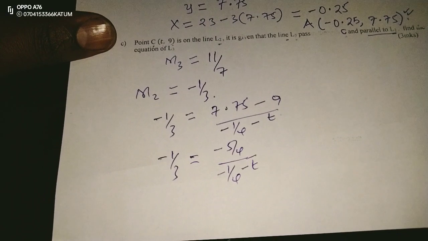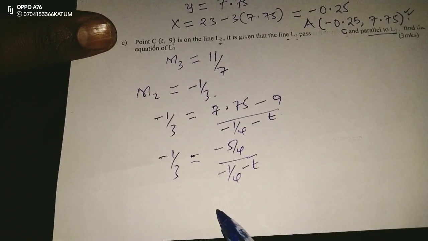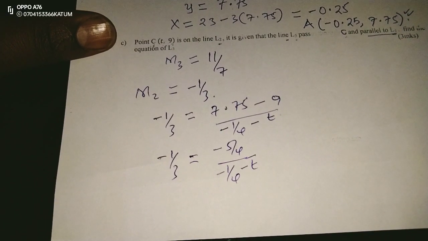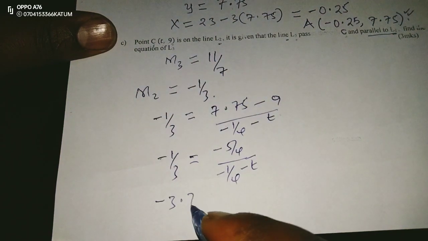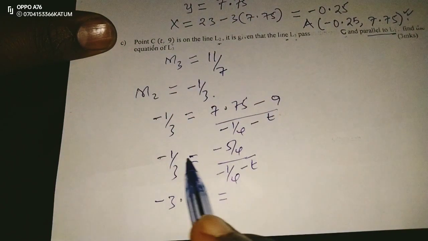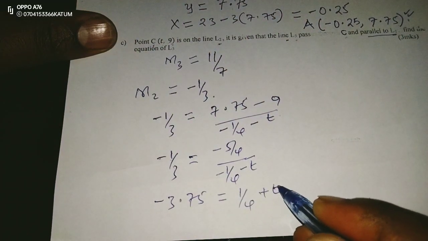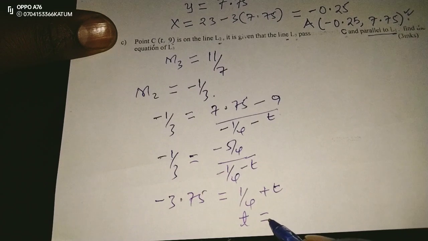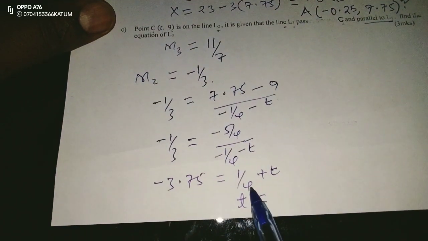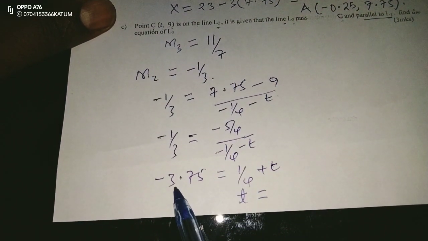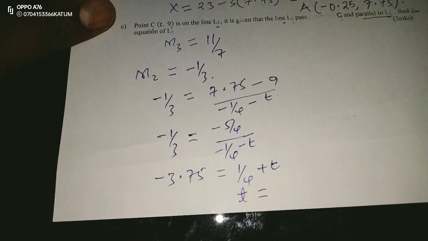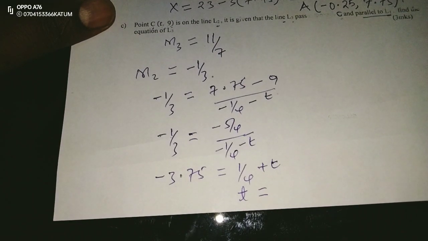So the only unknown is t. We can cross multiply. When we multiply this by 3, we're going to have negative 3.75 equals, by negative 1, 1/4 plus t. To remain with t here, we subtract 1/4.